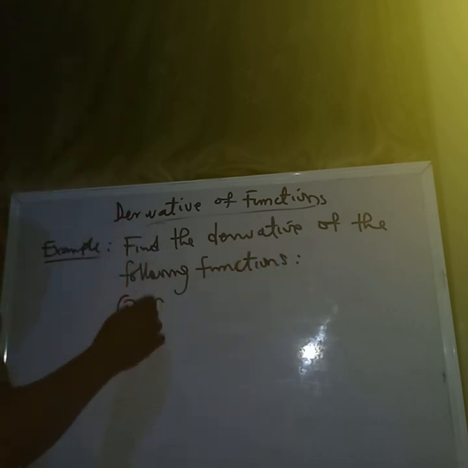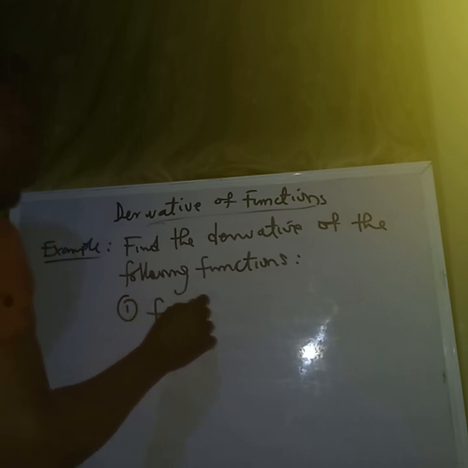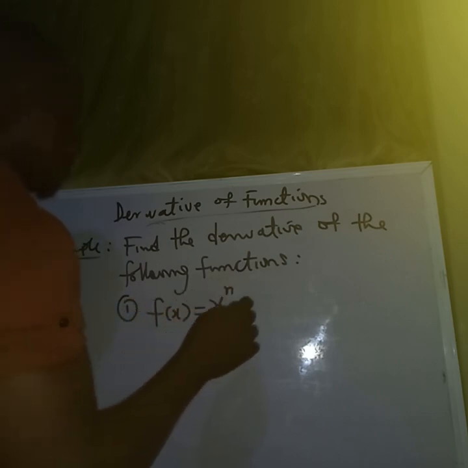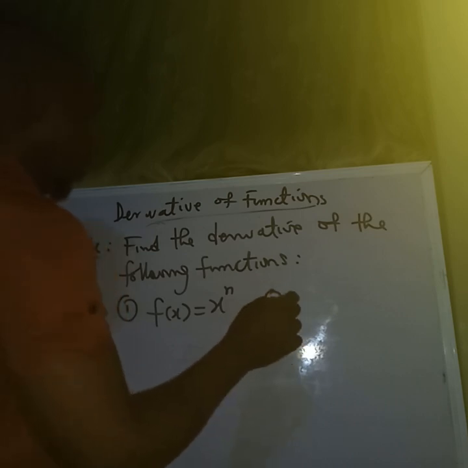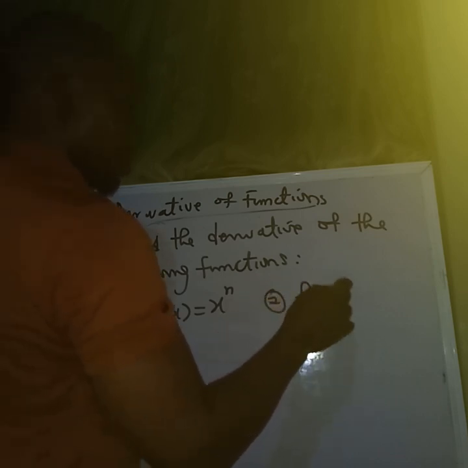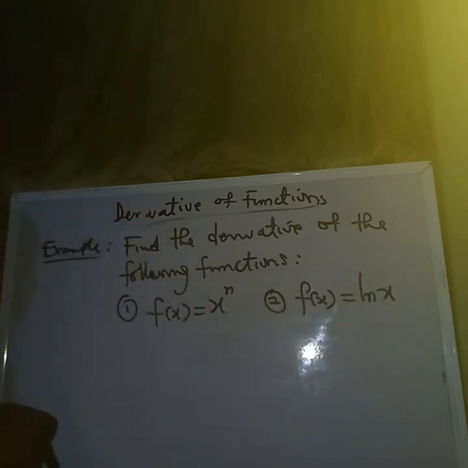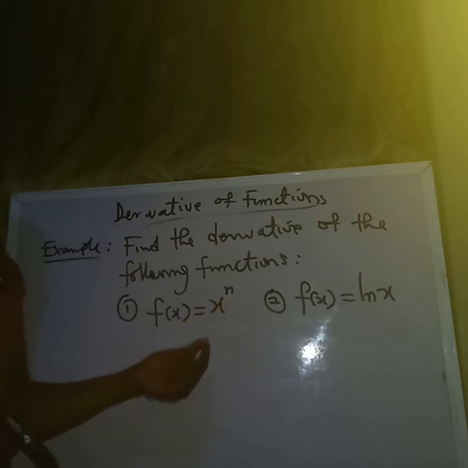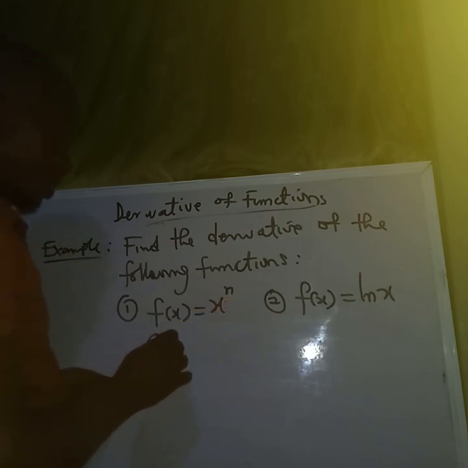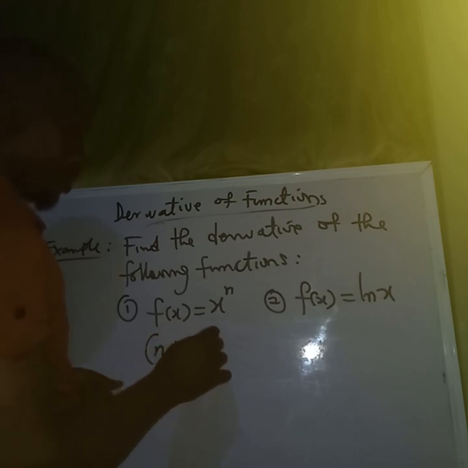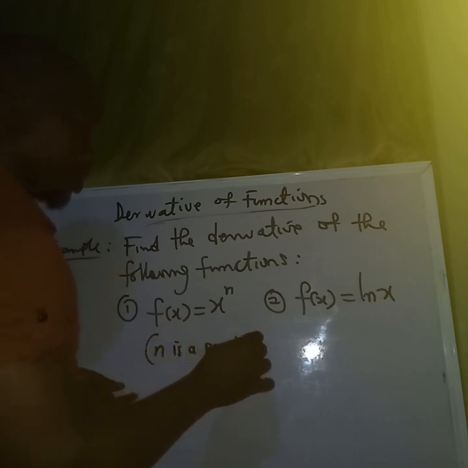One, when we have f of x equal to x to the n, and two, let's consider a logarithm function, ln x. The first is a general form of a polynomial where n is a positive integer.